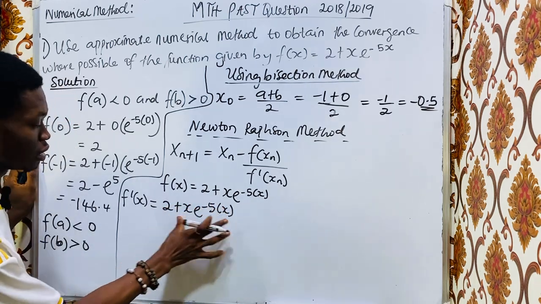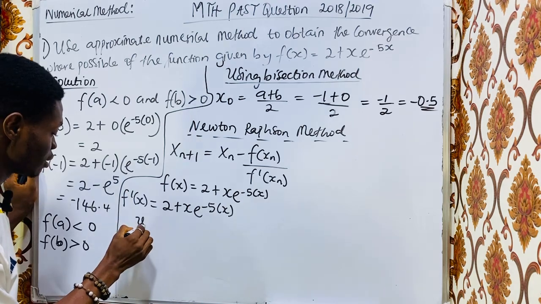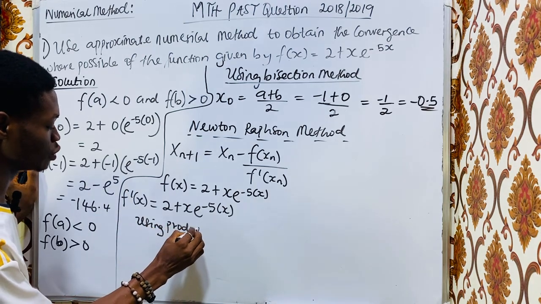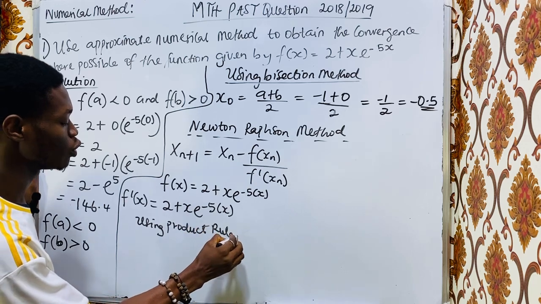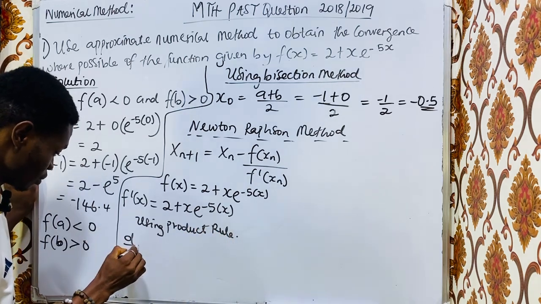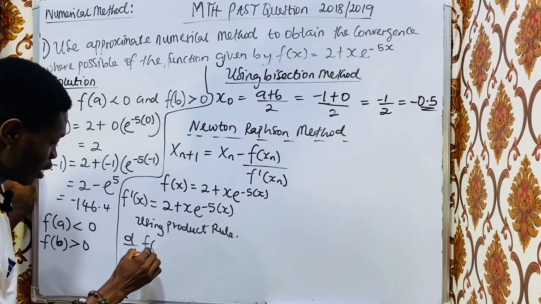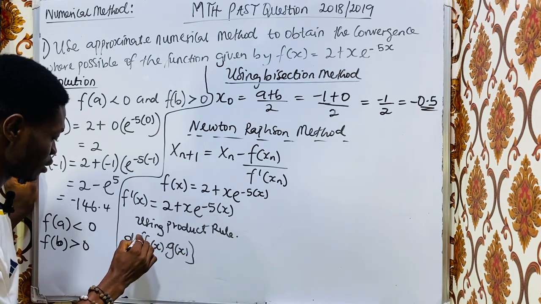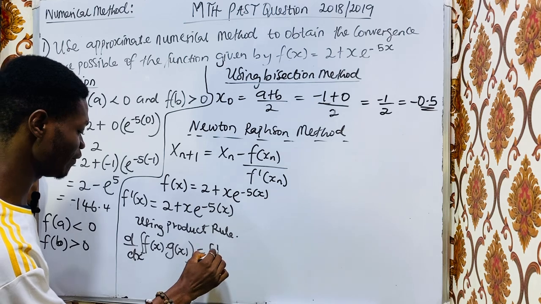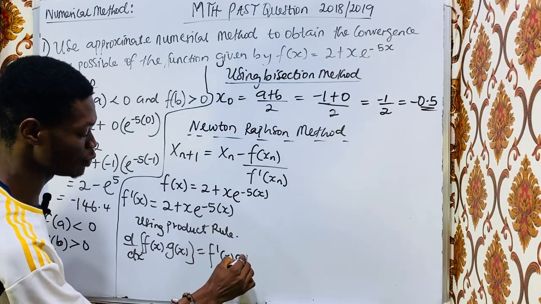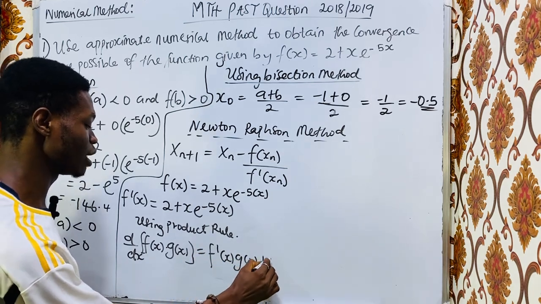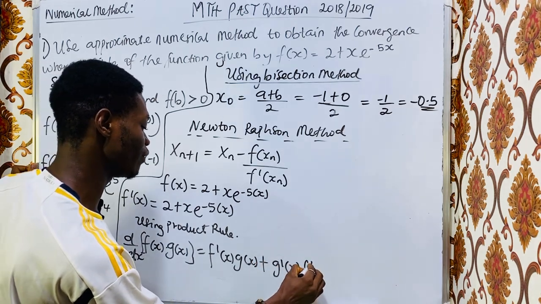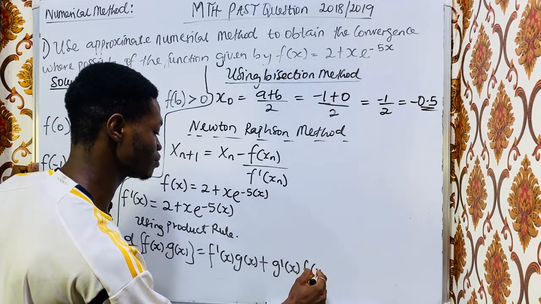Using the product rule in differentiation, d over dx of f of x times g of x will give us f prime of x, keeping your g of x constant, then plus g prime of x, keeping your f of x constant.